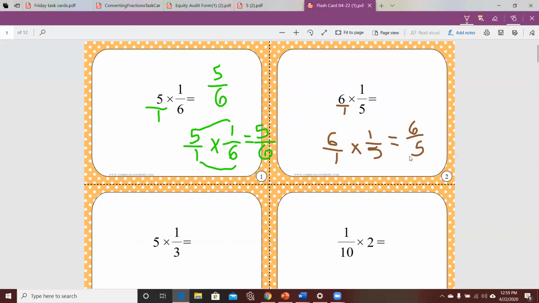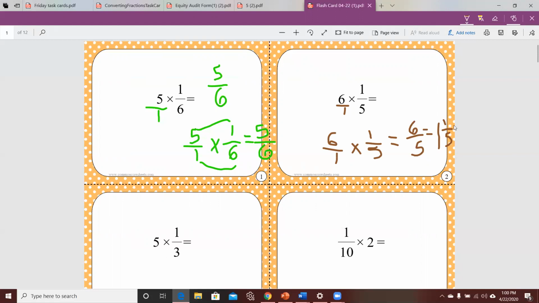Now, 6/5 could be your answer, or you could turn that into a mixed number. 5 will go into 6 one time, and then we would have 1/5 left over. So you could also say that your answer is 1 and 1/5.